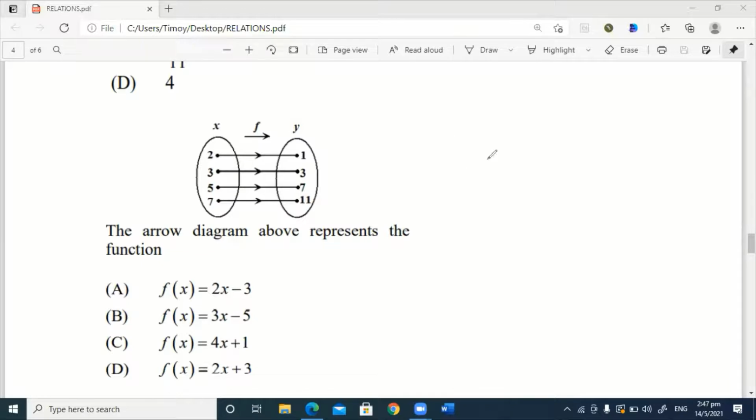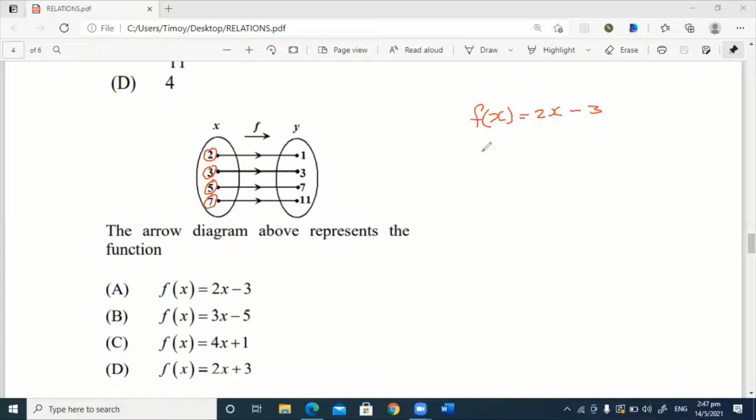So if we are starting off with option A, which is f of x equal to 2x minus 3, what we're going to do is to substitute each of these values, when x is equal to 2, when x is equal to 3, when x is equal to 5, when x is equal to 7, and see what it maps onto. All right? So let's start with the first one.